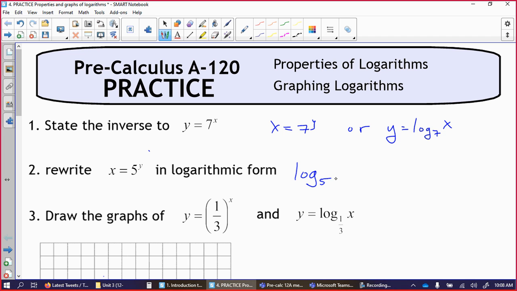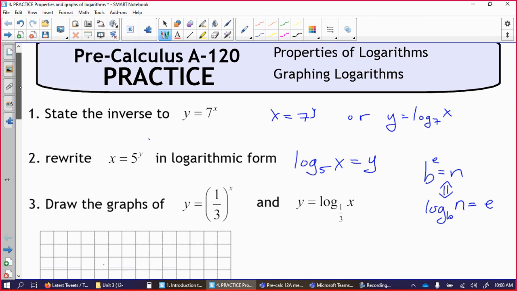Log base 5 of x equals y. Because remember, we have Ben, the log bunny. And those are interchangeable. If I could draw a bunny, I would.